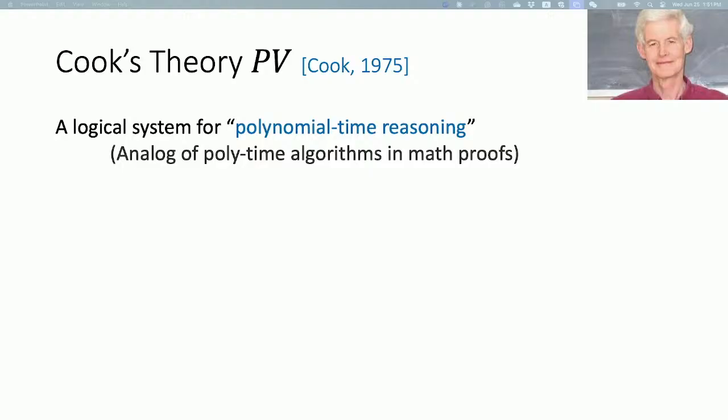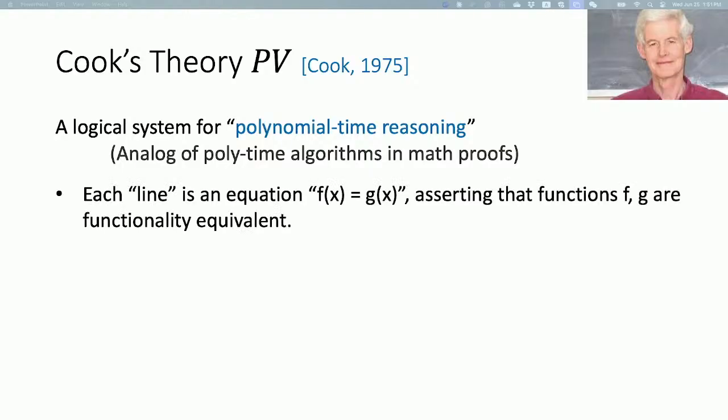As a logical system, it is fully defined by a set of axioms and a set of deduction rules. But the formal definition is very involved, so I'm not going to introduce them. I'm going to give you a high-level idea of what a proof in this logical system looks like.